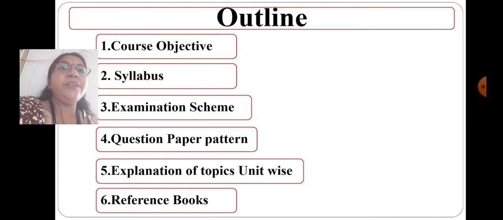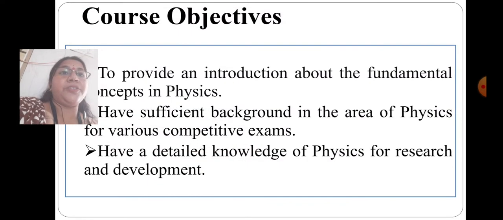The outline of today's session is course objectives, the syllabus covered in B.Sc second year physics, then the examination scheme, meaning how many marks will be allotted to you, then the question paper pattern also, then explanation of topics unit wise, that is the syllabus, and which books you have to refer for your study is also included in this session.